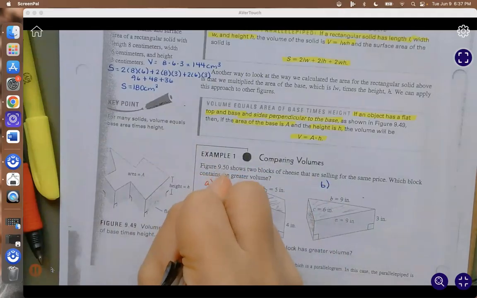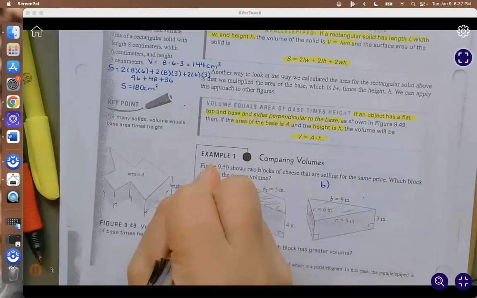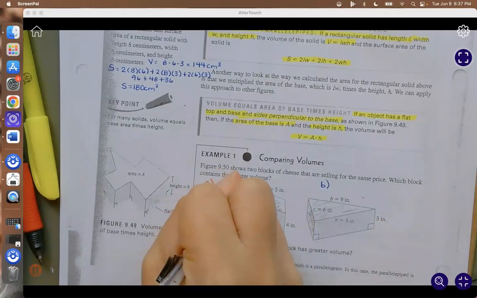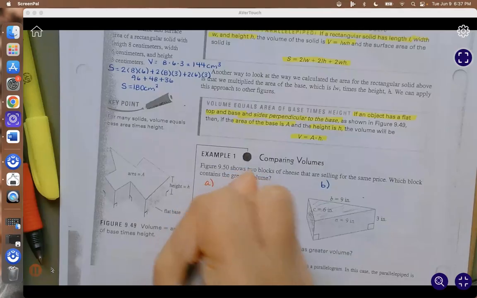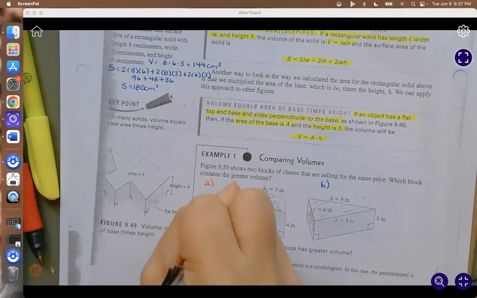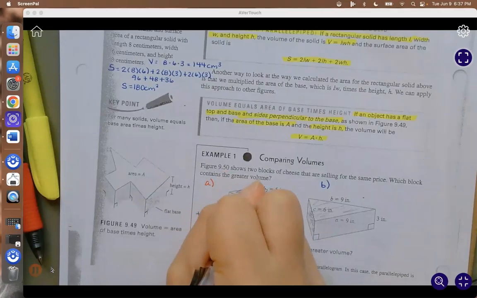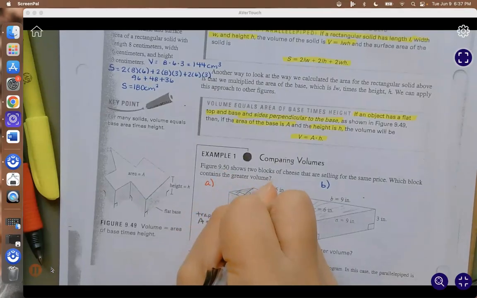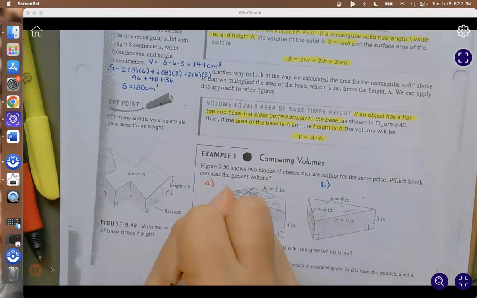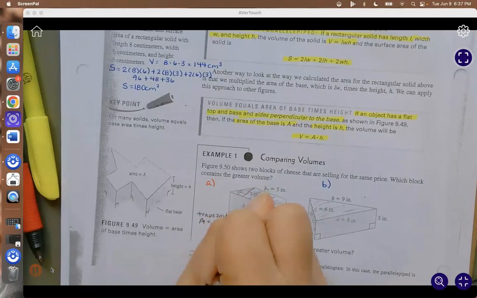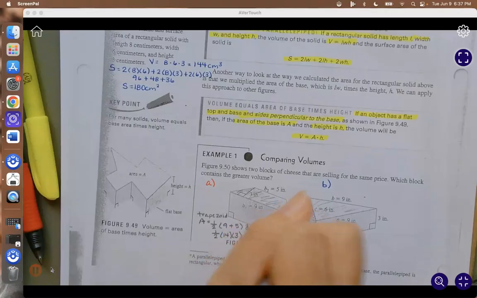So A, this is a trapezoid. So remember, we do 1/2 of base 1 plus base 2 times the height. So that's going to be 1/2 of 14 times 3, and that's going to be 21 inches.